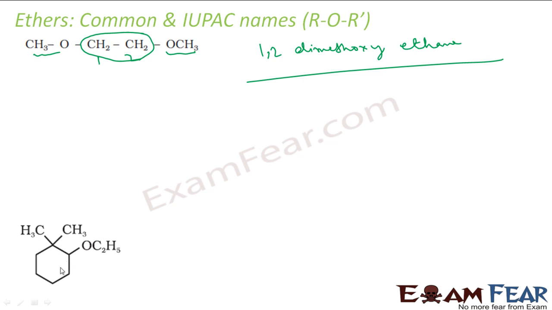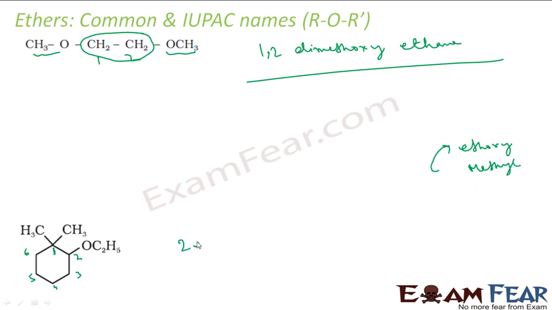Let's see this. So we start the numbering convention from here, 1, 2, 3, 4, 5, 6. So at 1 I have 2 methyls, right? And I have ethoxy here. So I have ethoxy, and then I have methyl here. So let's start. A, B, C, D, E. E comes first.